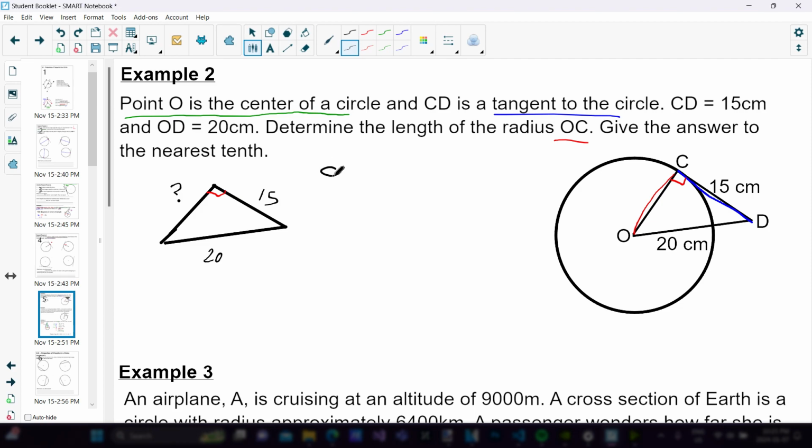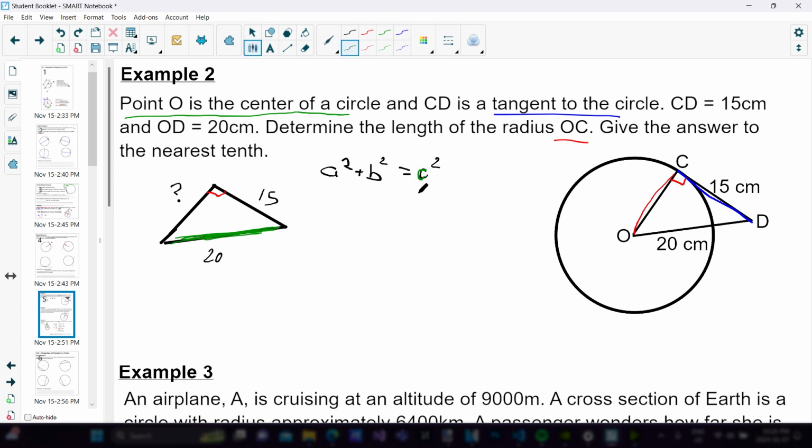Pythagorean theorem again. A squared plus B squared equals C squared. All that matters is your C squared is the longest side of your triangle. It's the side that's opposite of your right angle. So that's this side right here.